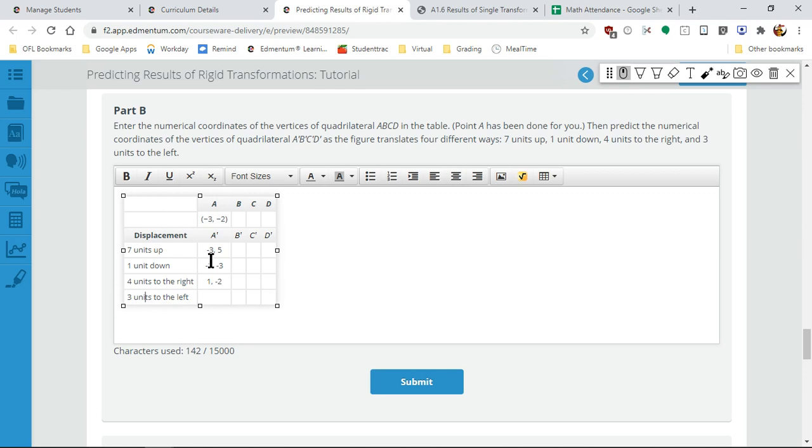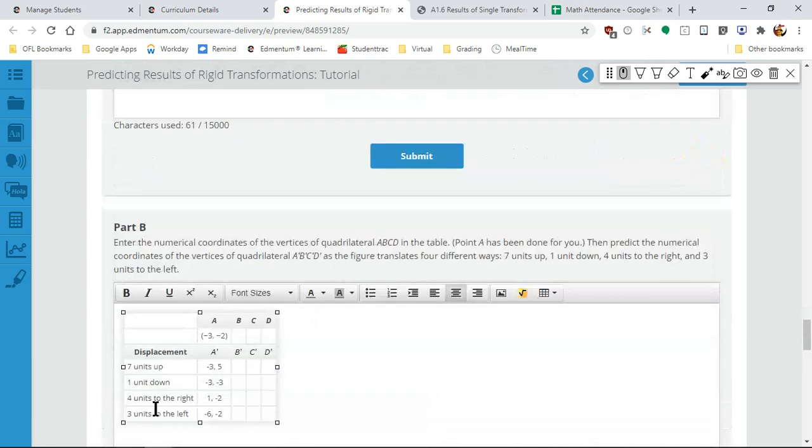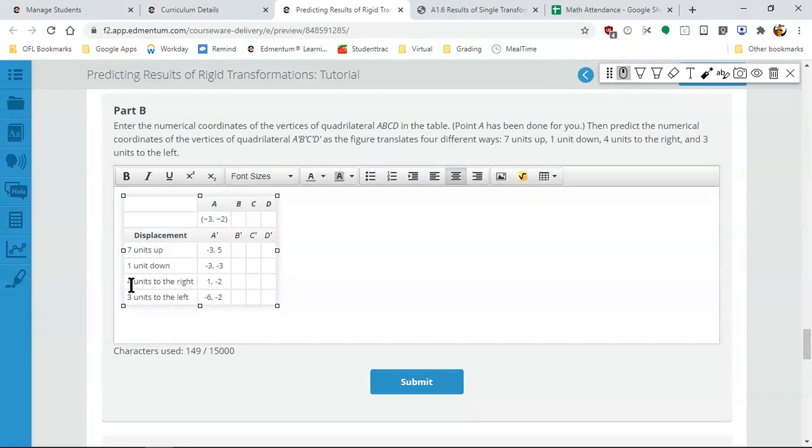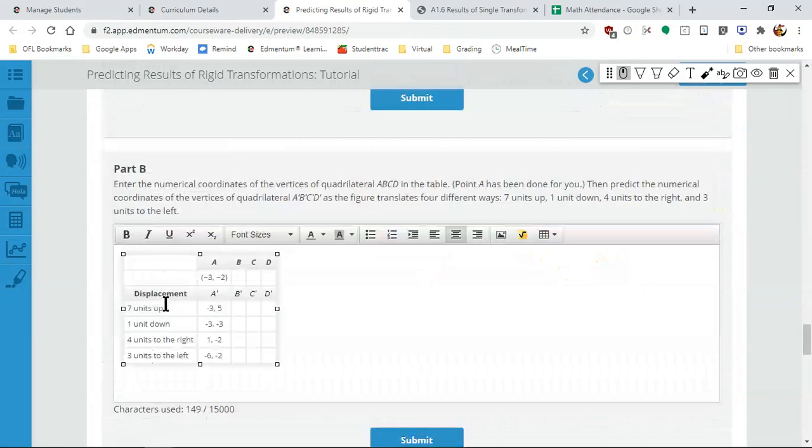I'm moving 3 to the left. So I'm subtracting 3 from this 3. So I get negative 6. And my x is going to stay the same. So basically, this a represents whatever we were doing left or right. And this b represents whatever we're doing up and down.